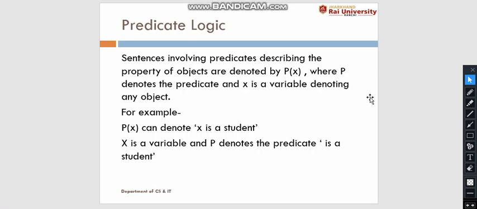For example, let's see, we have two statements. One is P and the other is Q. P is: all men are strong.